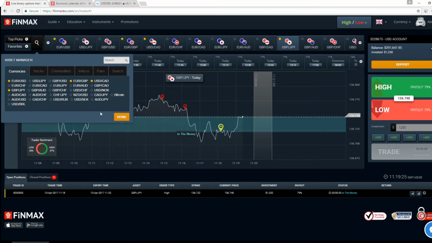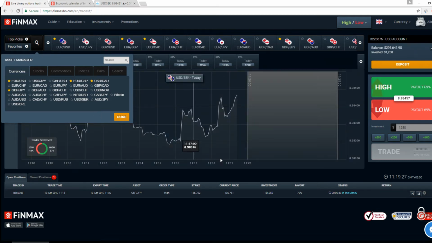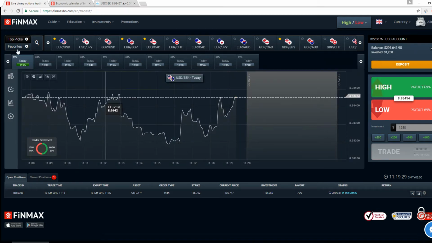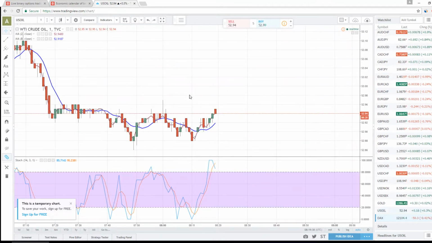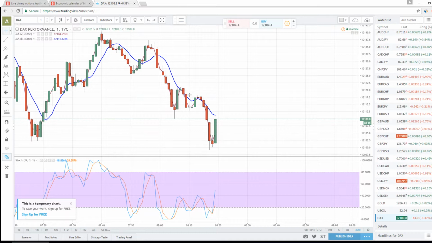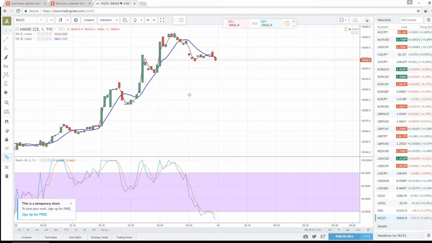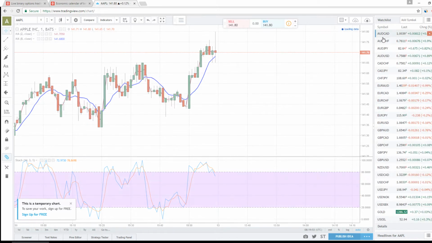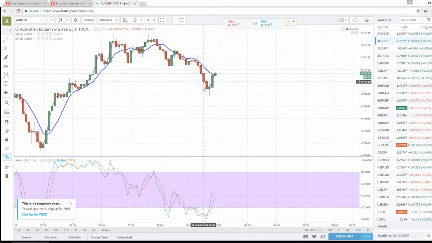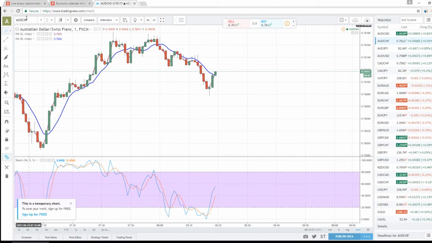I'm not trading that often using this asset, as it doesn't have that many expiries, that many contracts, and I will switch to something else. Okay, these assets mostly are closed, so let's go back to our currencies.